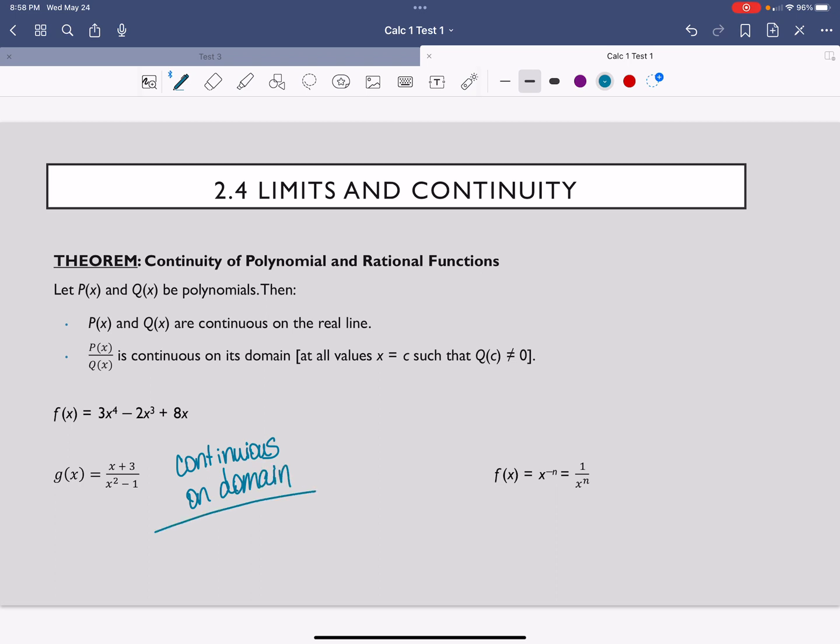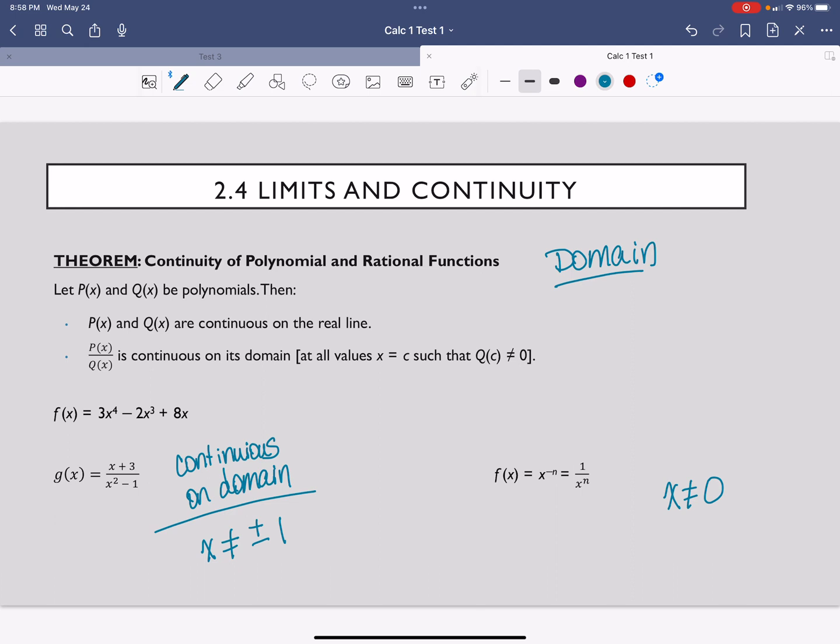It's continuous everywhere except when x is positive or negative 1. So this is very much related to domain. The same is true for our second problem right here. This is continuous on its domain, and the only place that it's not going to be continuous is at x equals 0.